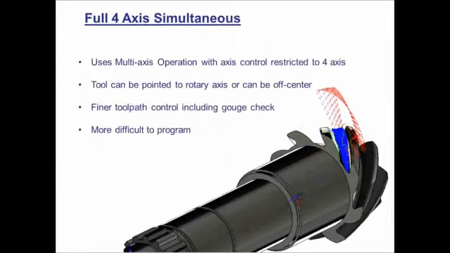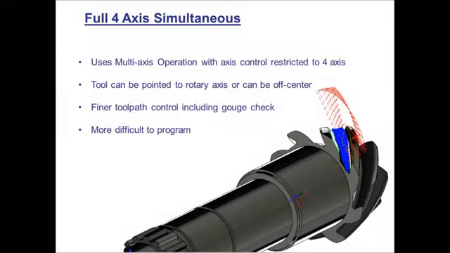Now, using basically a multi-axis operation, we restrict it from maybe 5 to 4-axis, and tell it where the rotary axis is. Now, this one can be rotated offset from the center. You can always point it to the rotary axis, but if you've got some geometry where you need to actually pull the toolpath off the actual center axis, off the x-axis there, we can do that with this particular operation.